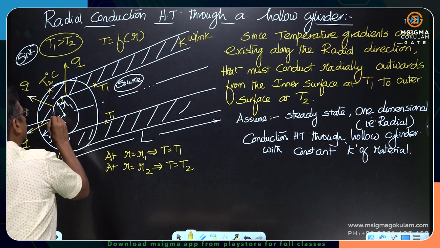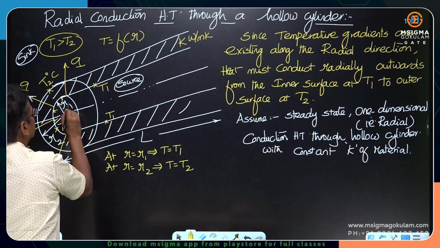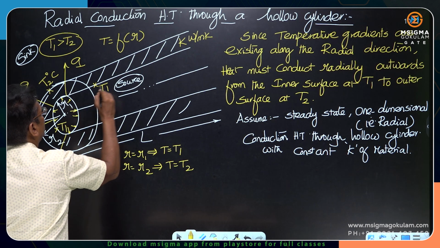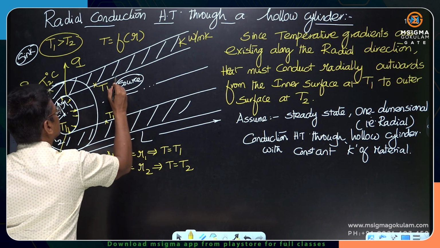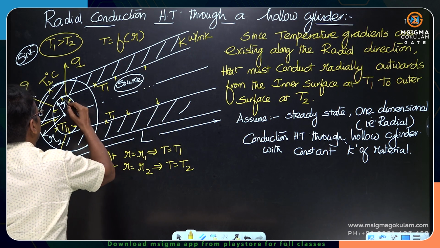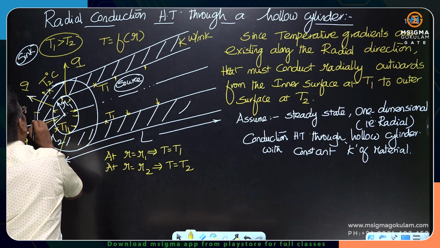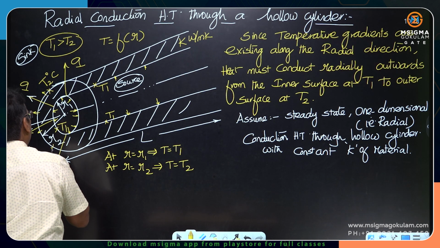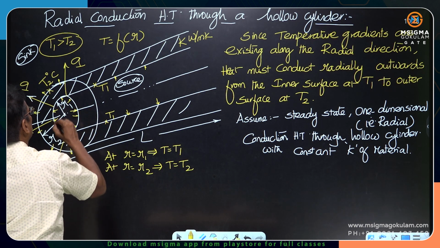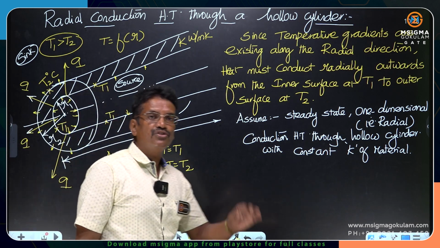At the inside surface, the area of conduction heat transfer is 2 pi R1 into L. At the outside surface, the area of conduction heat transfer is 2 pi R2 into L. Here it is 2 pi R2 into L, here it is 2 pi R1 into L. That means in the direction of the heat flow, the area of conduction heat transfer is changing.